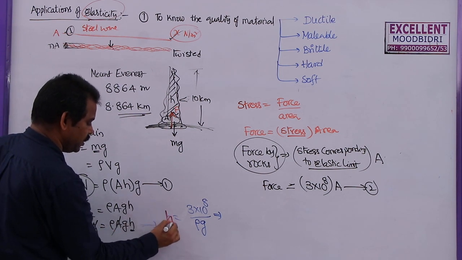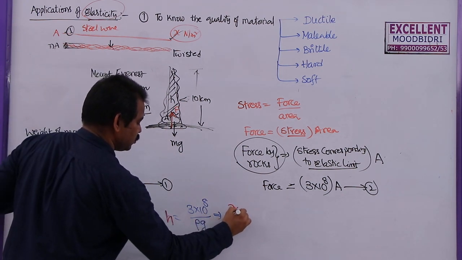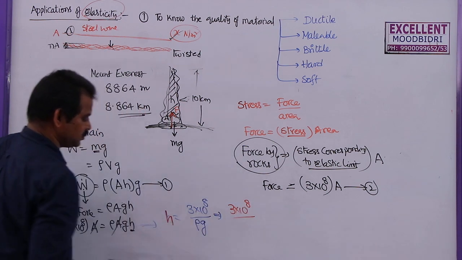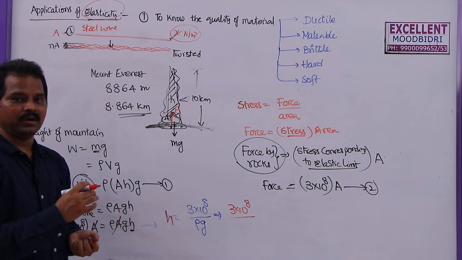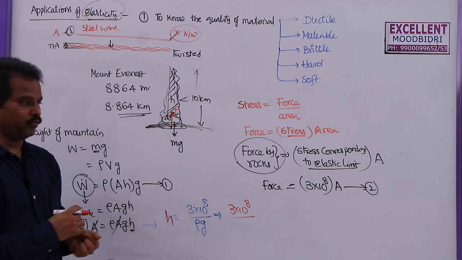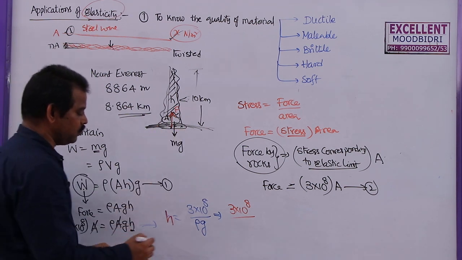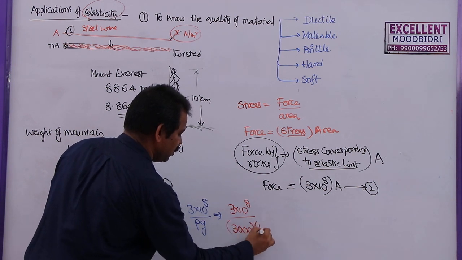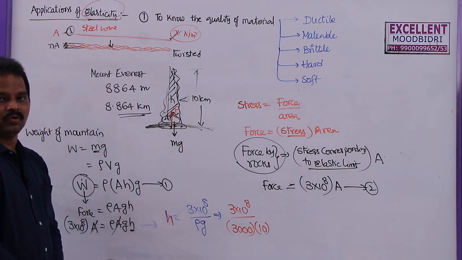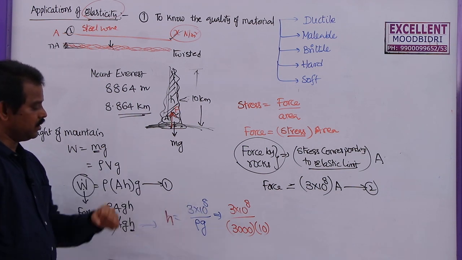So this is 3 into 10 power 8 Newton per meter square by, what is the density of rocks? The density of water is 1000 kg per meter cube. The density of these rocks is around 3000 kg per meter cube, and we know g is 9.8, but let me take it as 10.